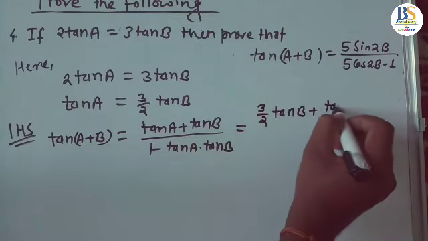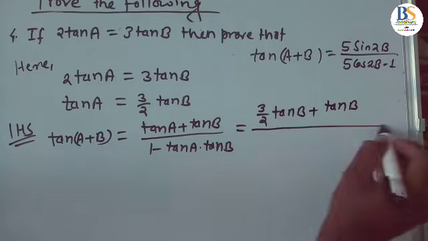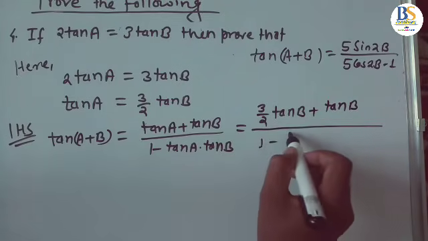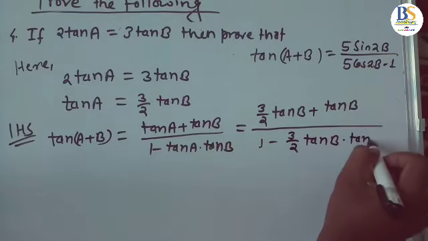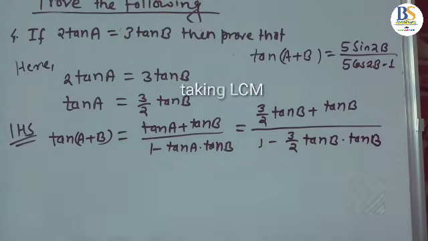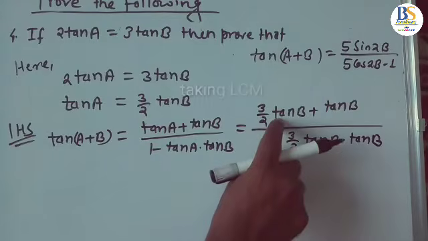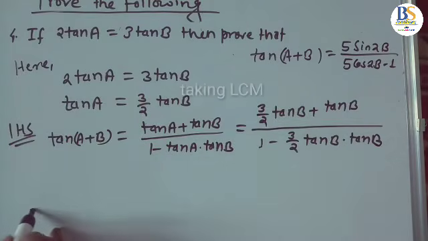tan b plus tan b upon 1 minus 3 upon 2 tan b times tan b. Then solve by taking the numerator and denominator.